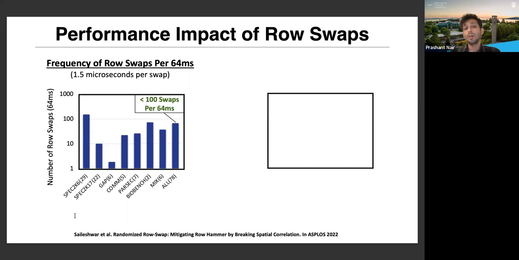Let us look at the performance impact of randomized RowSwap. On the left-hand side, you have the number of row swaps on the y-axis and different benchmarks or workloads on the x-axis. On average, we see less than 100 swaps per 64 milliseconds, which is very low, as each swap only takes 1.5 microseconds.